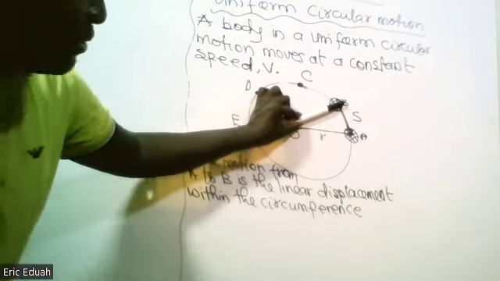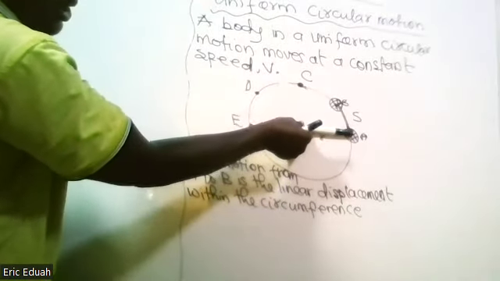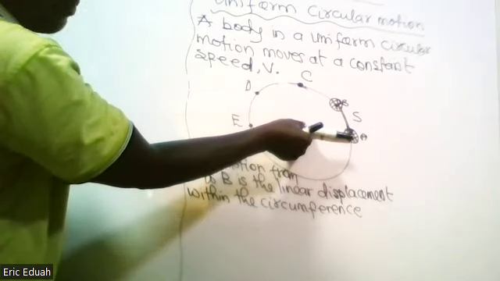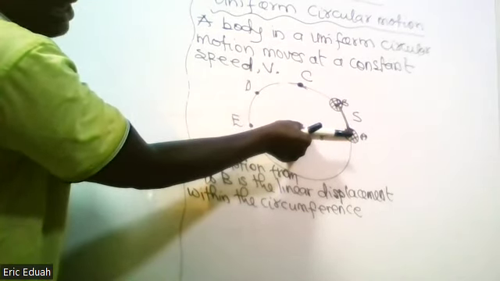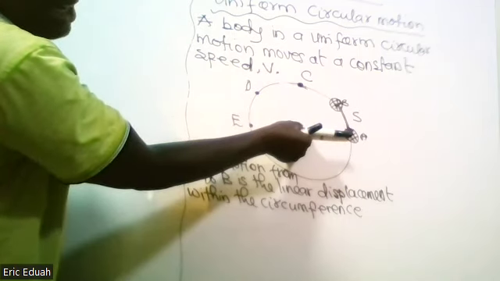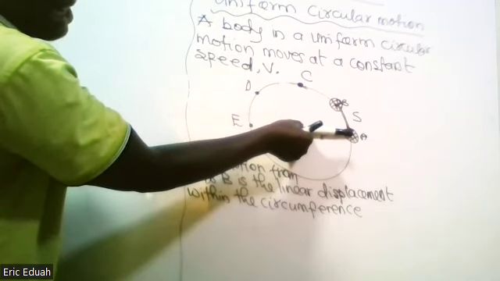Please, class, can you see the demonstration? Yes. To move from A to B, it's as if the radius of the circle sweeps or describes a certain angle at the center of the circle.